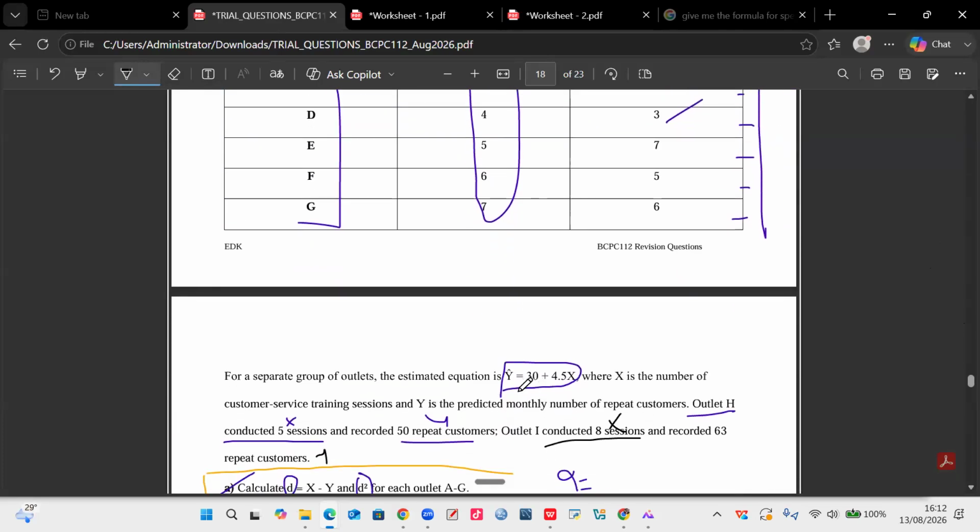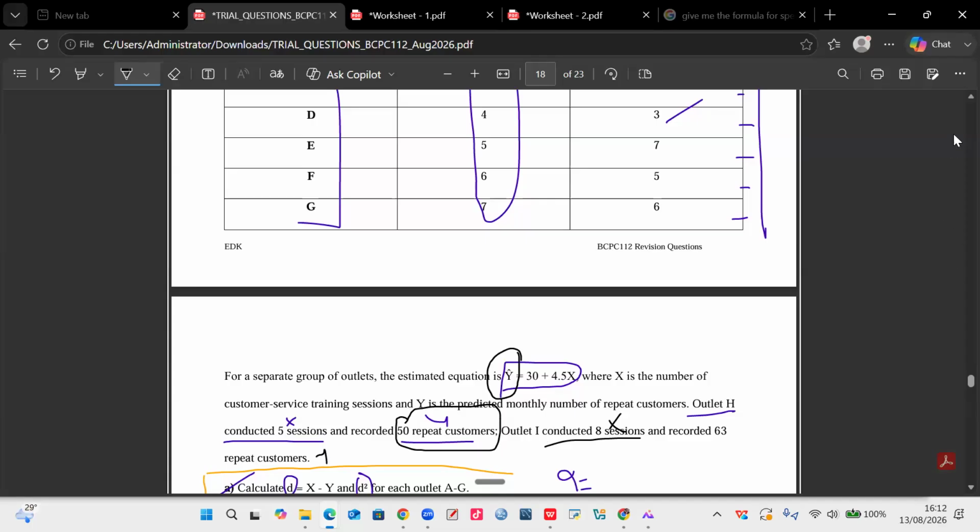Just like the first one, the Y-hat here is an estimate, and the 50 repeat customers you are seeing here are the actuals.